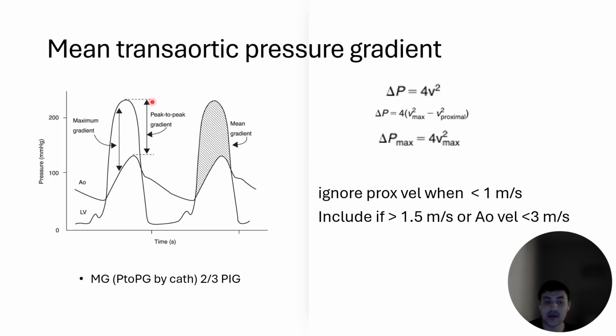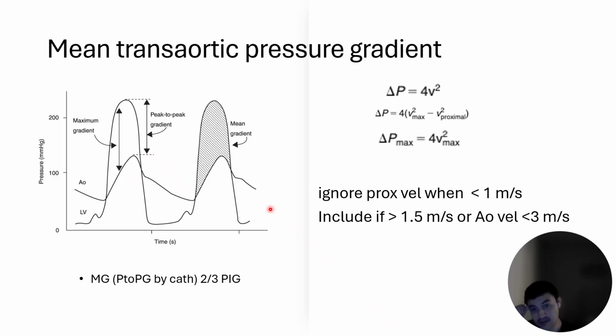You measure this by catheter during catheterization, and it is almost similar to the mean gradient. Peak instantaneous gradient is from the lowest point to the highest point. The mean gradient is about two-thirds of the peak instantaneous gradient.